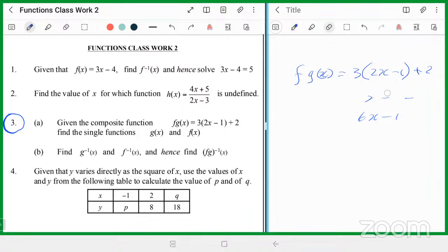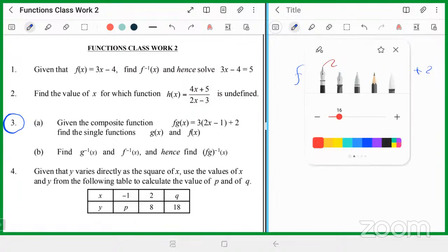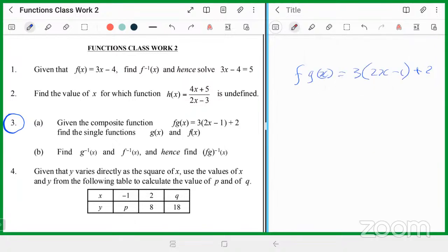All right, so we have this composite function, and they want to split it. We came up with a method where we say, okay, we're going to find the inner function first. So this here is the inner function, and this one is the outer one. To form the composite function, what we would normally do is substitute the inner one into the outer one.